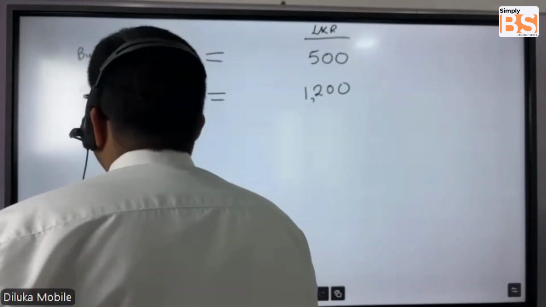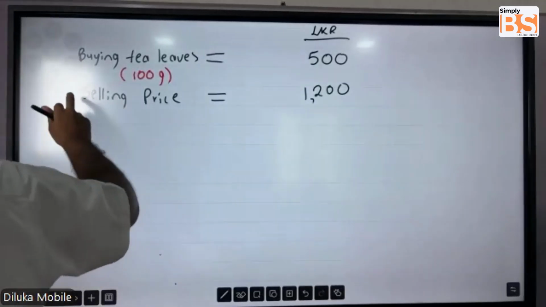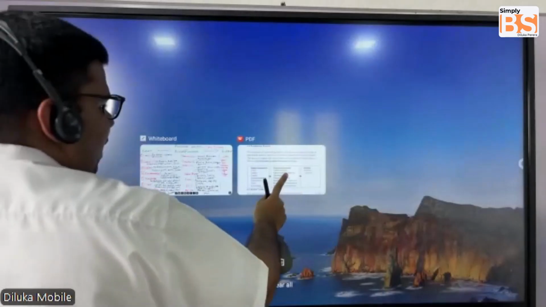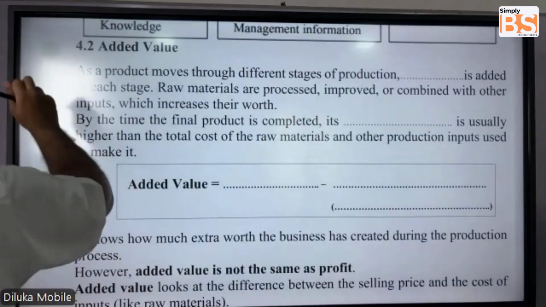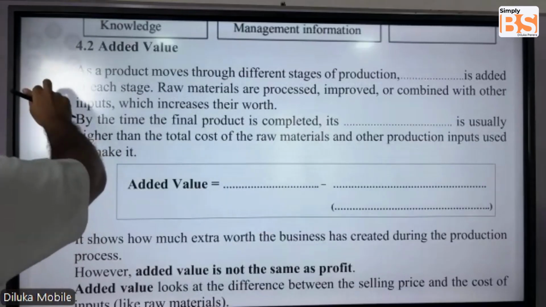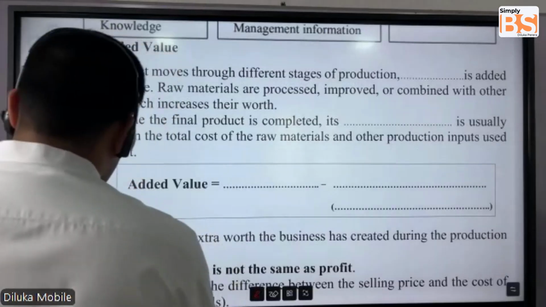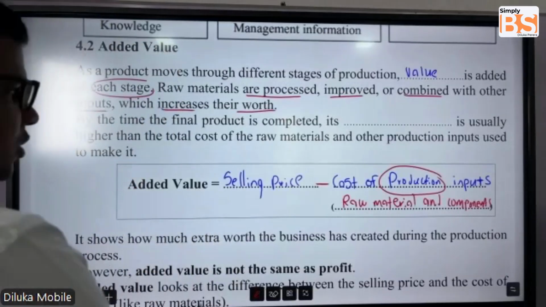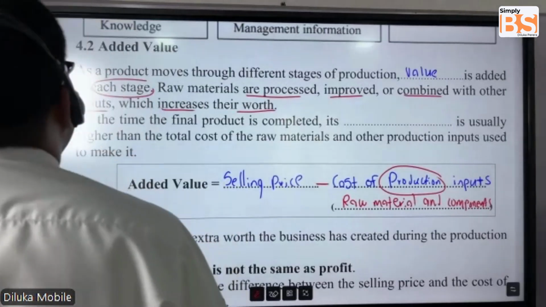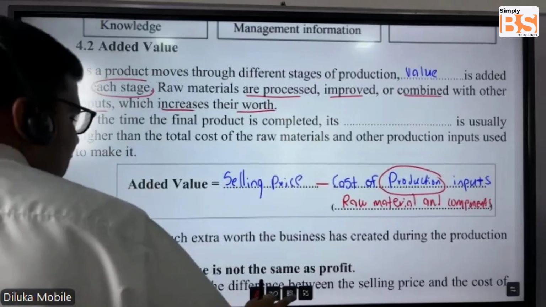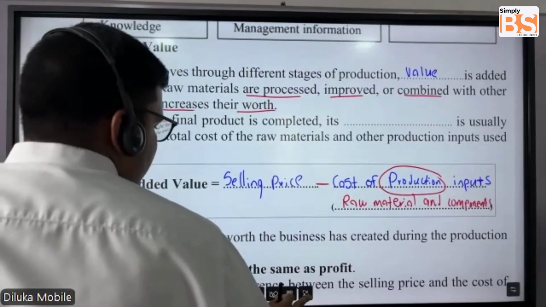Let's go to the note once again. How to calculate added value? Selling price minus the cost of production inputs. Remember that: selling price minus the cost of production inputs.